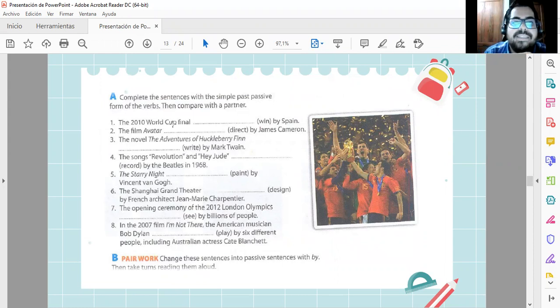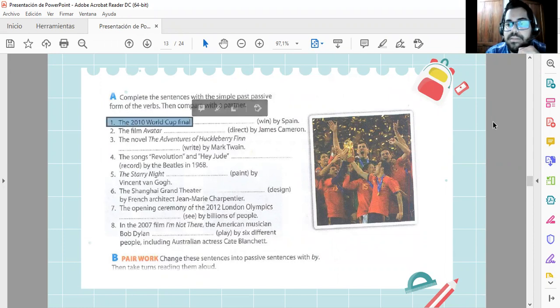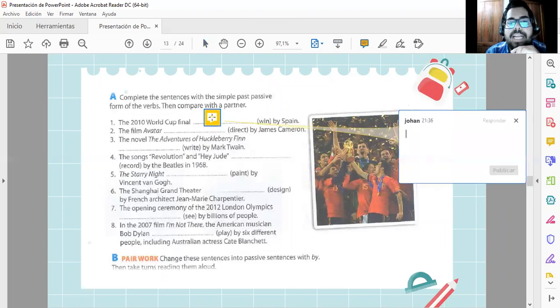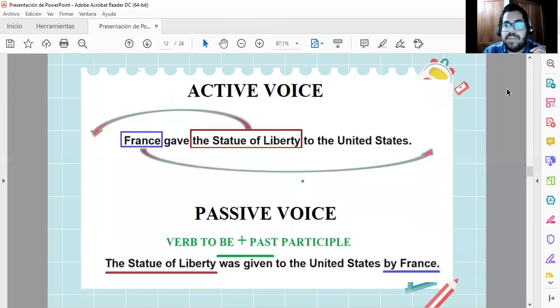Let's do number one. The 2010 World Cup final. We need to change this into passive voice, but we have to complete it. So in here, guys, what do we need for the passive voice? Teacher, the object. Okay, teacher, I don't remember. Well, let's go back. Okay, let's go back.